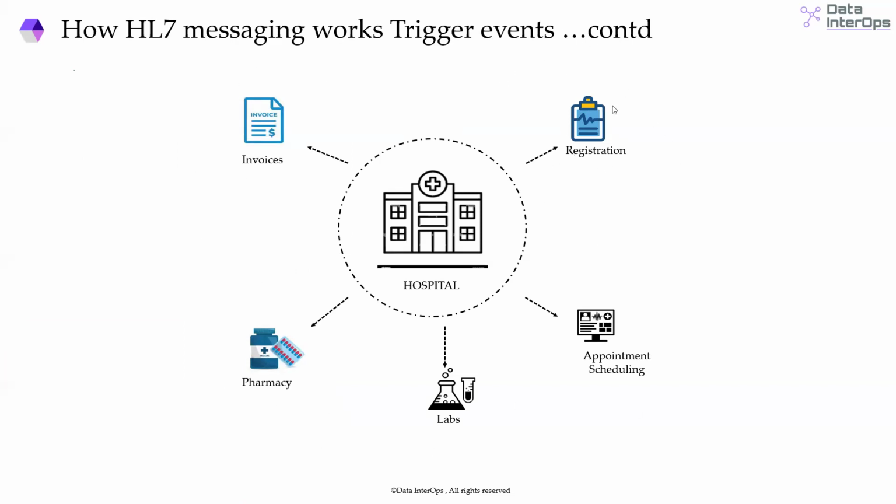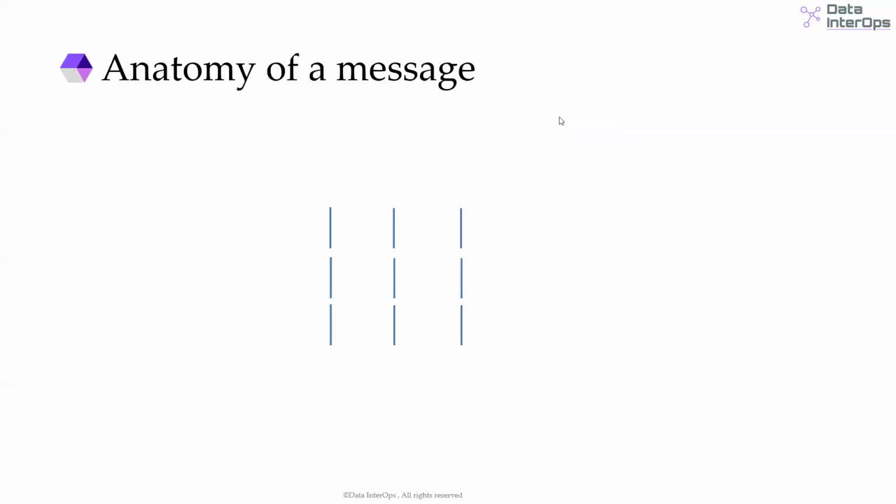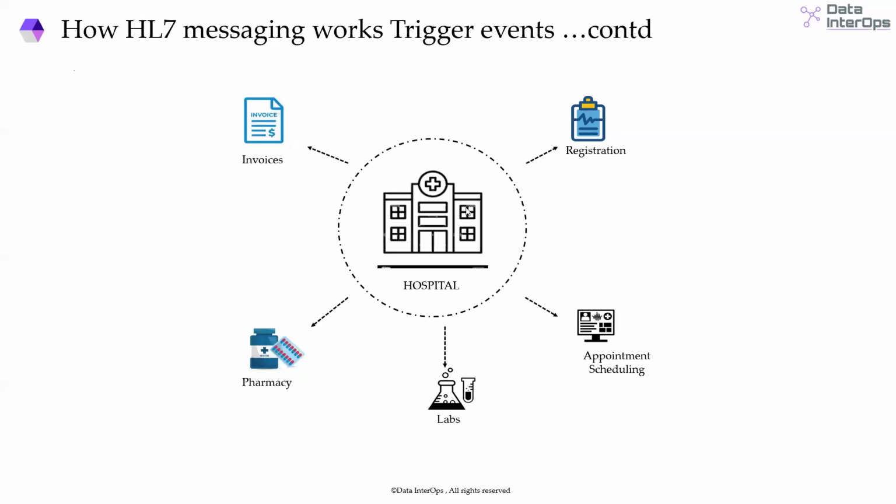We will see what events we have individually for each one of these tomorrow. Now that we know the data from the hospital might be exchanged or generated from registration, what kind of data is it? It is HL7. Appointment data is in the HL7 format, labs in the HL7 format, and these are also in the HL7 format.